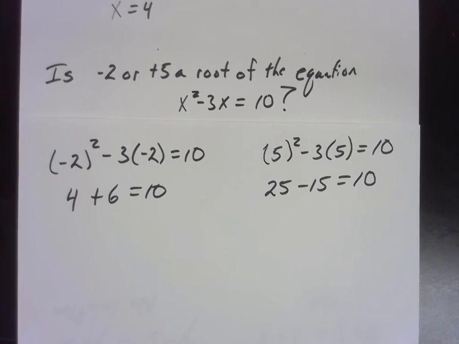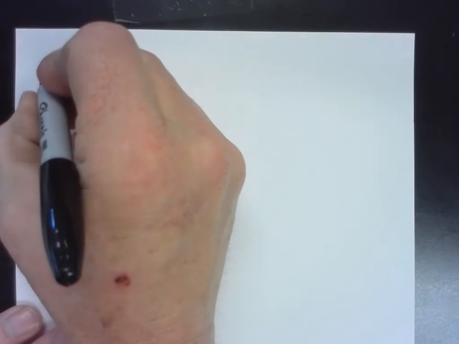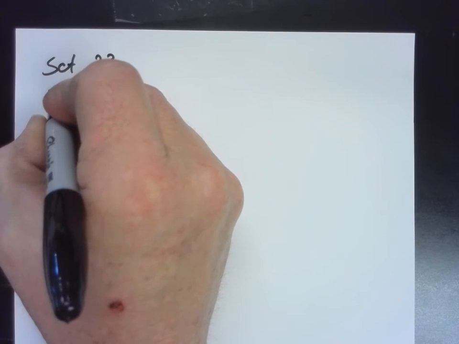Let's take a look at set 22. Let's take a look at the first couple questions there together. What is an equation? A problem? A question? I want you guys to say it's two expressions with an equal sign between them.